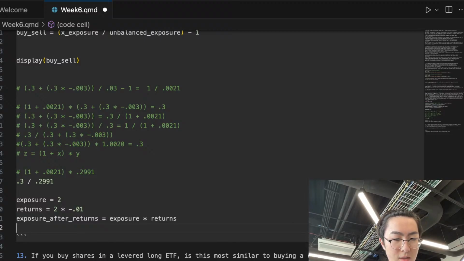So this will be 2 divided by 0.98. Okay, 2.04 is the actual exposure that we have after. That's probably what he wants to do.